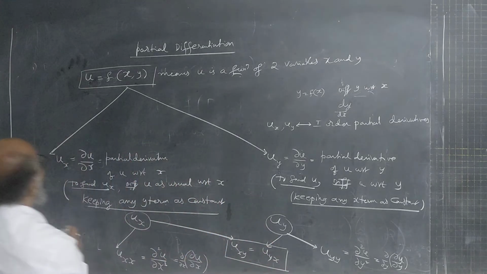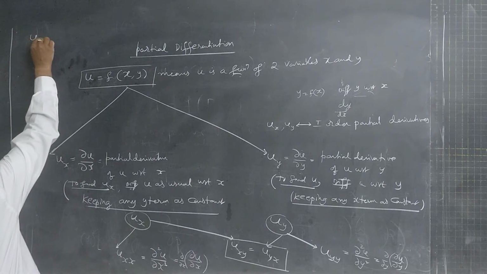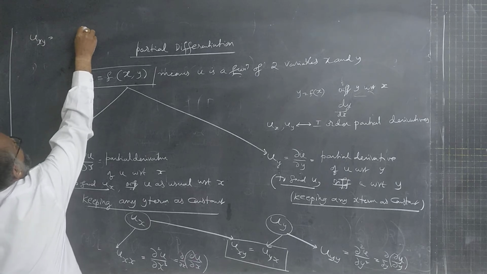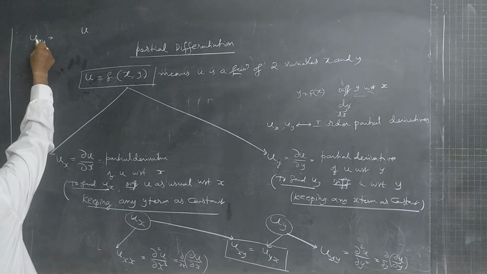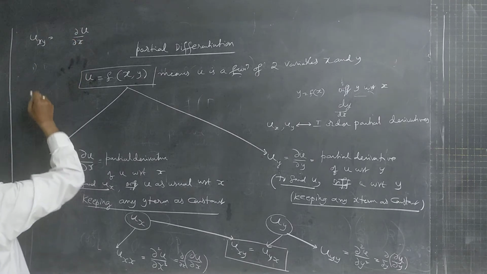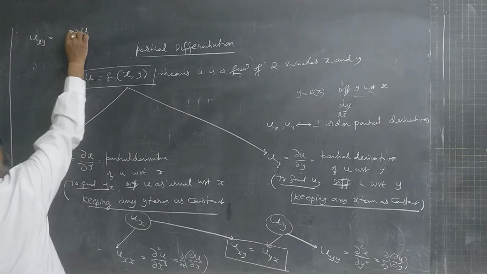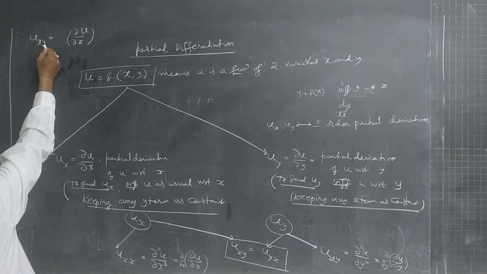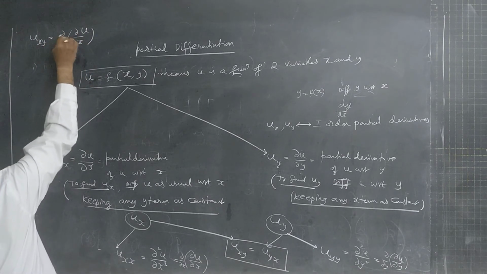The symbols, if you want to know, look here. Uxy, the meaning you should understand. Take u, and then you want ux. Ux means delta u by delta x. Next you take ux, that is delta by delta x. You want uxy. Uxy means differentiate ux again with respect to y.